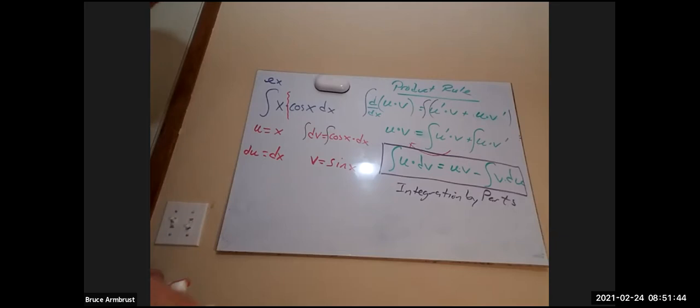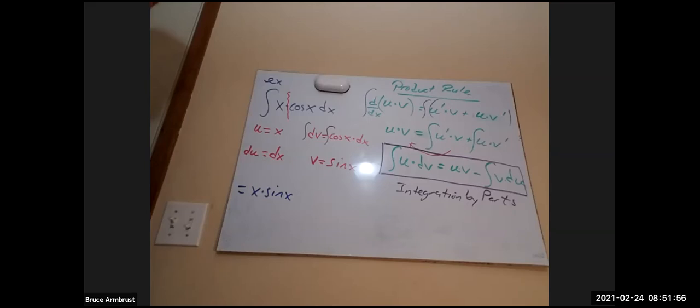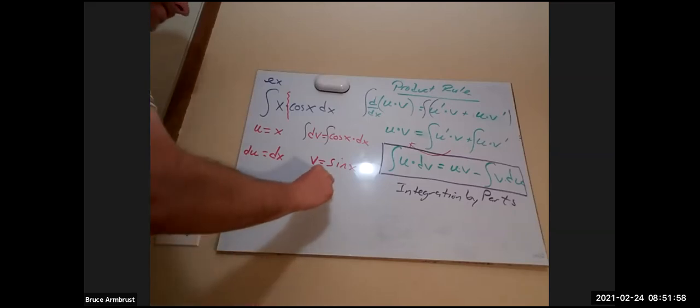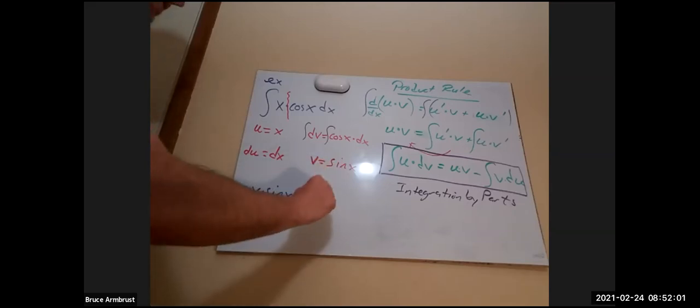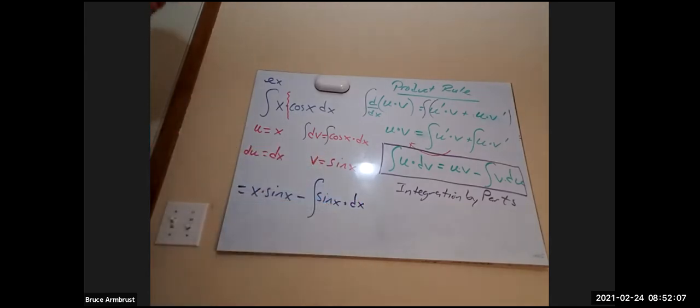So let's put it into the formula, and let's see what this gives us. So we're going to get u times v. So that's x times sine of x. And then we're going to get minus the integral of v du. So v times du is sine x dx.